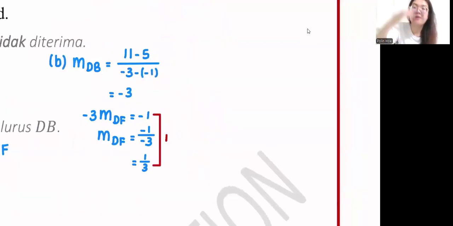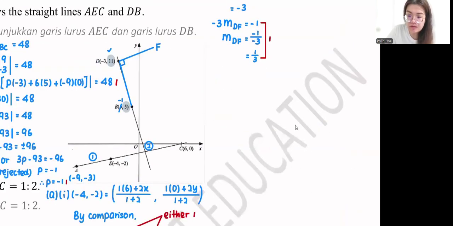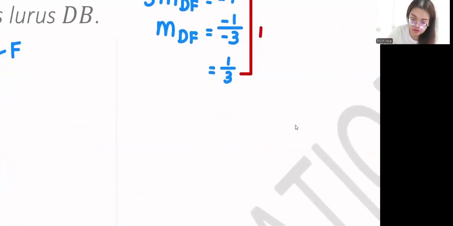Next, I want equation of DF. Gradient 有了 DF 我要去上面 DF touch point D, so 我用 straight line DF touch point D. So I'm going to use the gradient of DF with the point, with point D to find. Can I use y equals to mx plus c? No way.